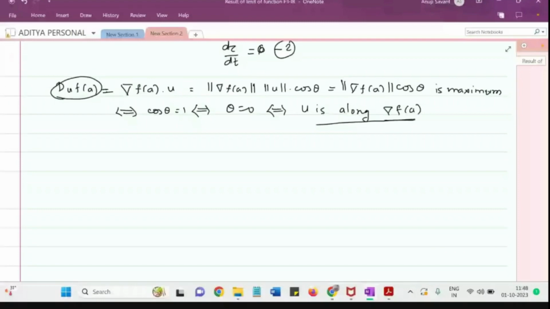Fine. Now, suppose I'm talking about the minimum value. I'm talking about the minimum value in terms of magnitude. Let me be precise. So I'm talking about the maximum absolute value and the minimum absolute value.